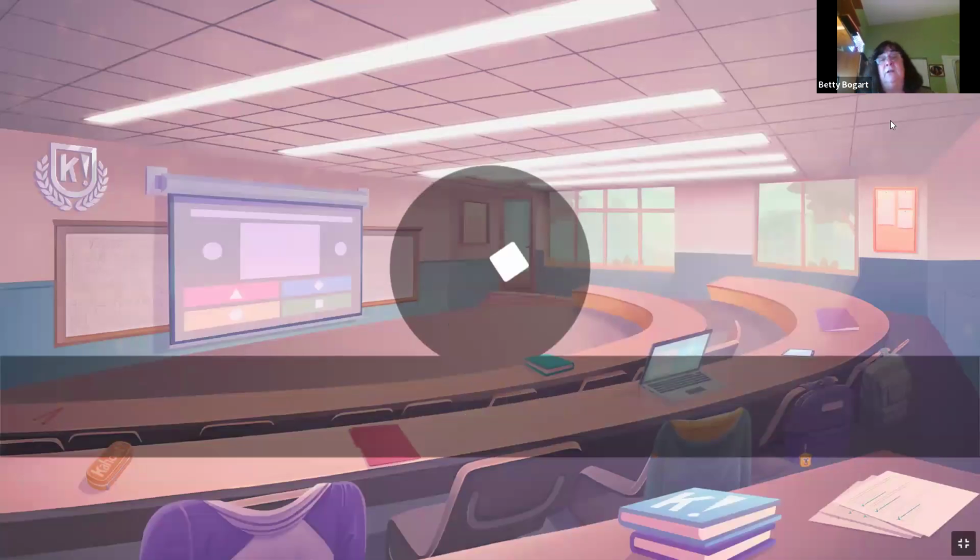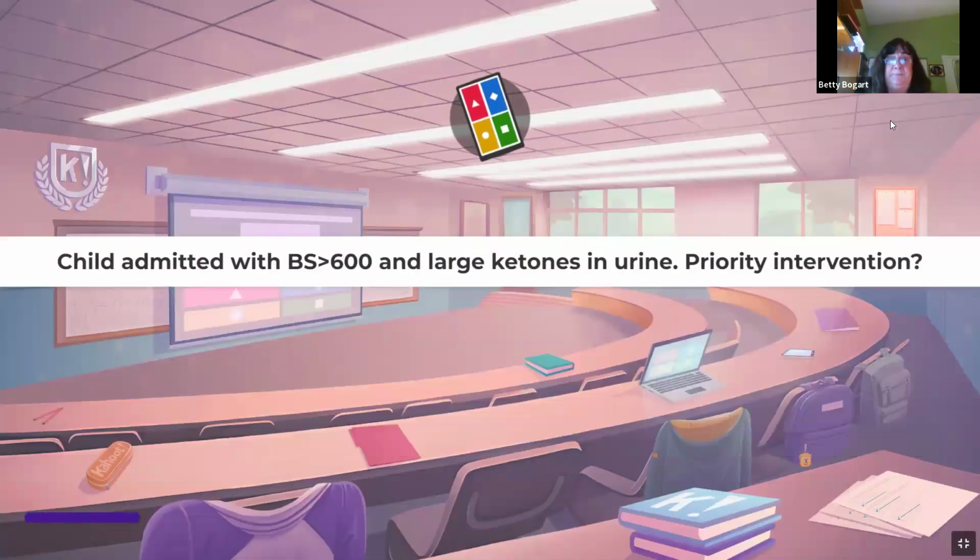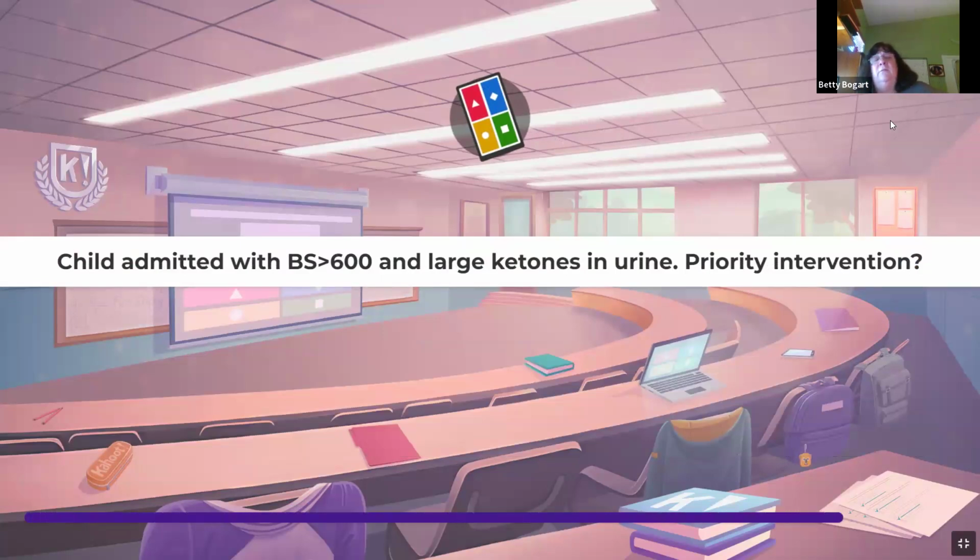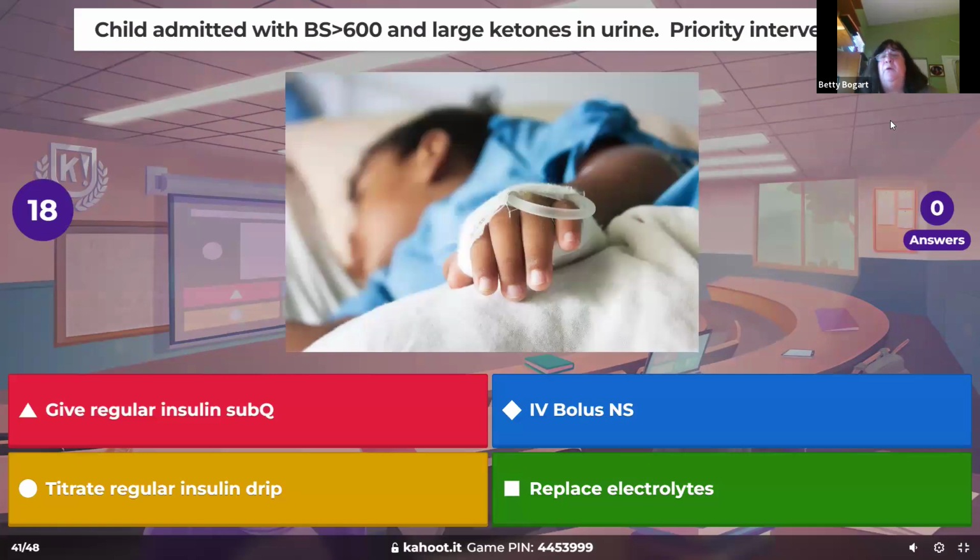And then correct electrolytes. A multi. A child is admitted with a blood sugar greater than 600 with large ketones. What's your priority intervention? What do you need to do? Sort of all of them, right? Almost.